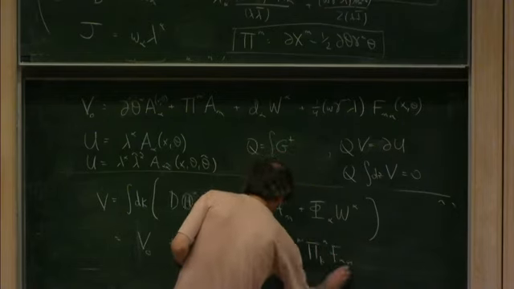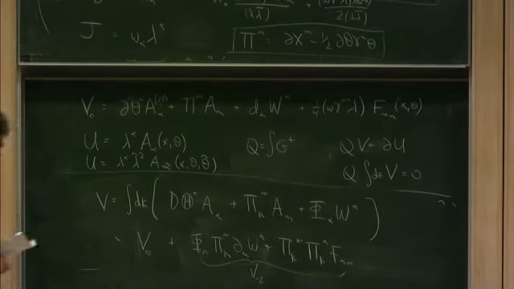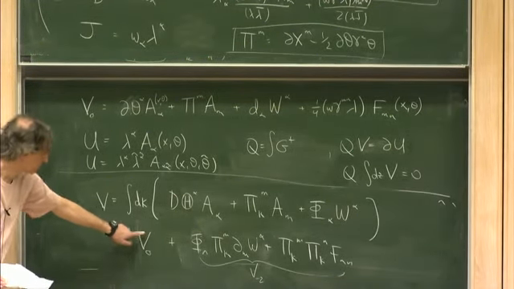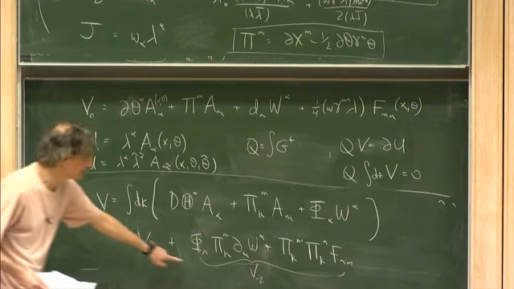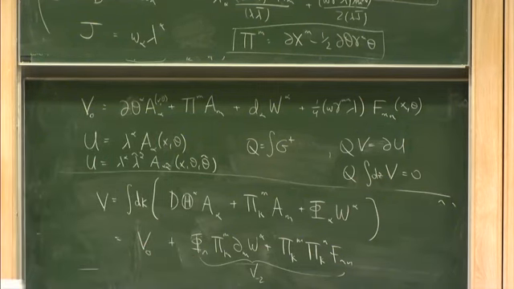And you can easily show that these are in V minus 2. Okay, there are no terms of V minus 4. So the vertex operator has the term you wanted, but it has an additional term. And of course, B of V0 is going to give you Q of V minus 2.